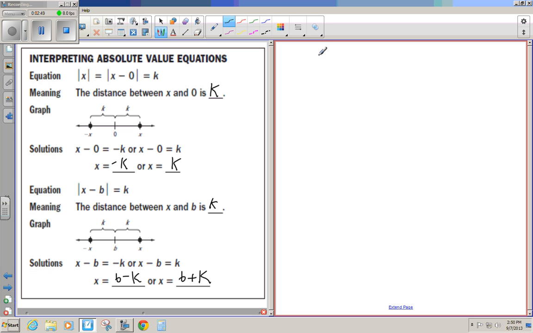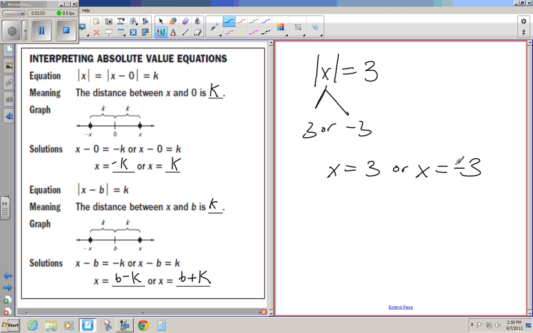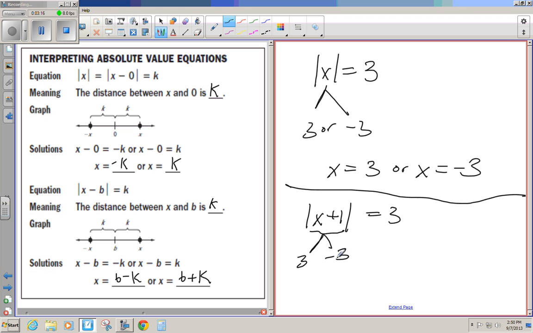Basically what you're doing, you'll see an example of this, but the absolute value of x, if it were to equal 3, that means x could either be 3 or negative 3. So you write the answer as x equals 3 or x equals negative 3. Those are the two solutions. If you had the absolute value of x plus 1 equals 3, that means this whole thing here can either be 3 or negative 3.